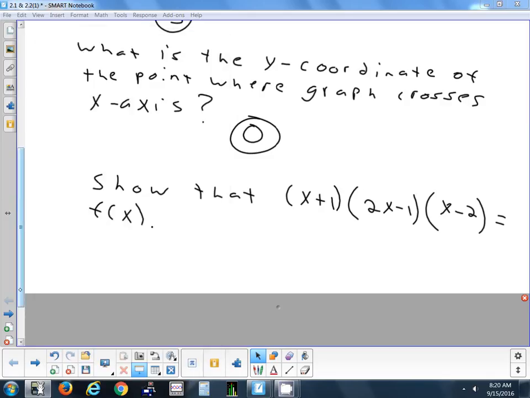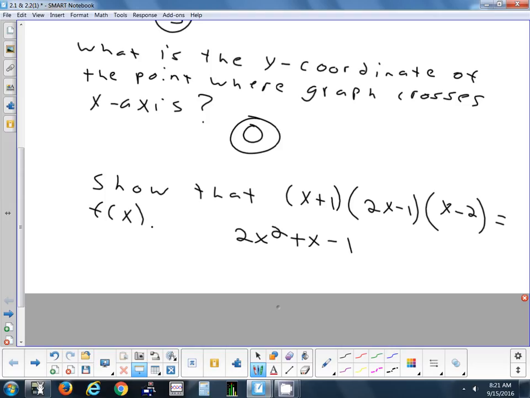But there's really only one way to prove it. And what would I have to do with this to prove it's the same as what's up above? I'd have to distribute it all up. Okay, so I'll do that real quick. And I get 2x squared minus x plus 2x minus 1.